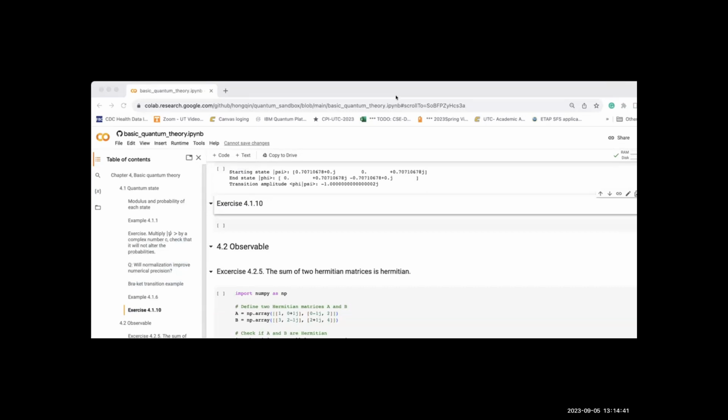I'm going to let you work on that after class. So let me look at my notes. Transition amplitude actually seems to be the important part of the first part, basic quantum information, basic quantum states.